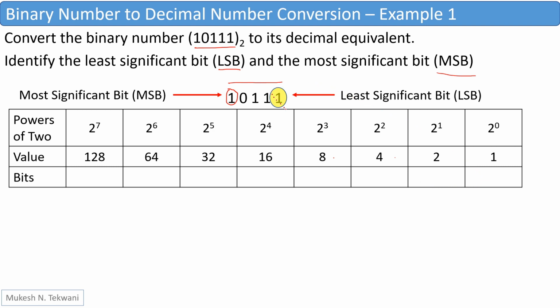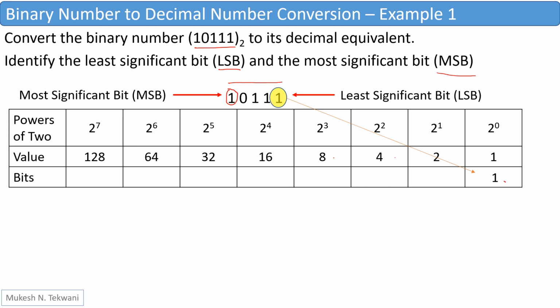Starting from the least significant bit, and that is why this has been highlighted here, we will write each bit below the corresponding power of 2. So as we said, this is the least significant bit which has the smallest weight. So we will write this bit under the power of 2, that is 2 raised to 0.